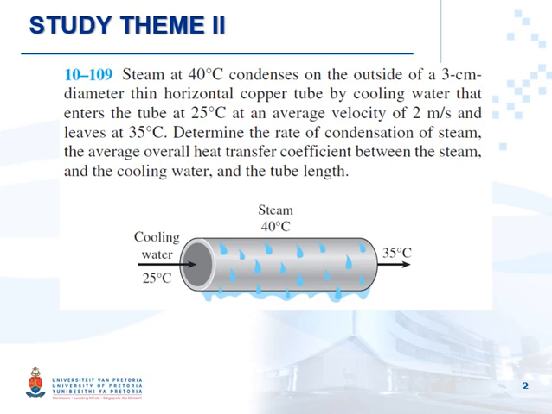So the first approach is, okay, condensation, so easy. First we get the saturation temperature. After that we read the HFG and rho V at saturation temperature, and the list of properties at film temperature from the table. So looks easy. Let's start.